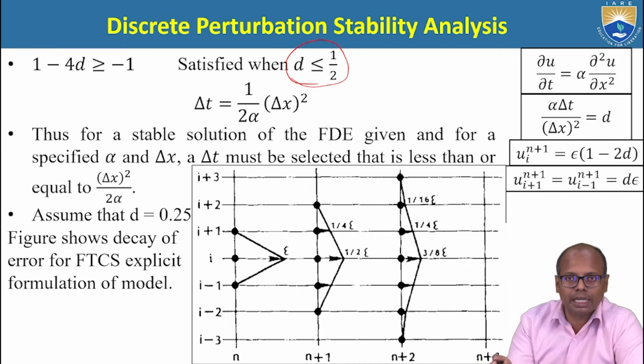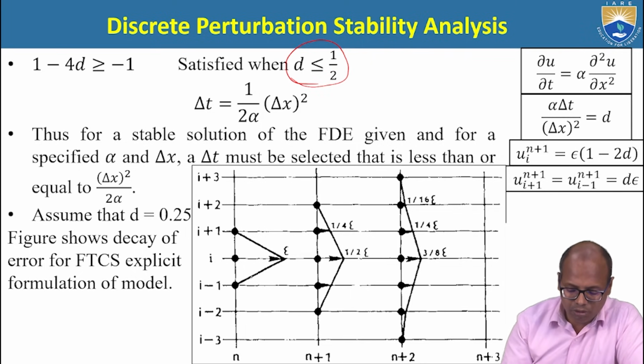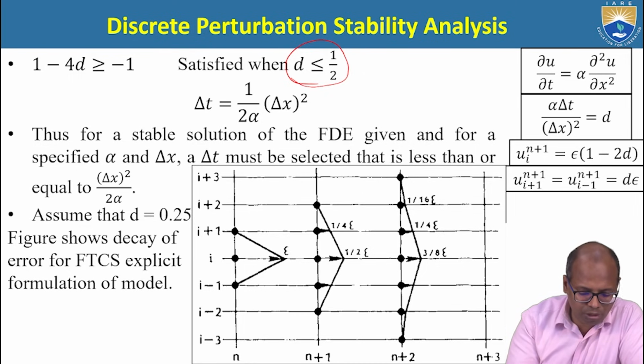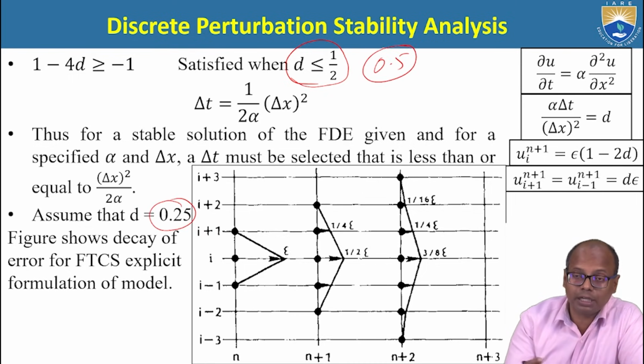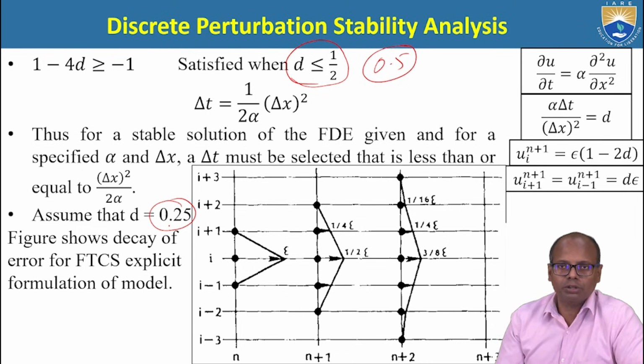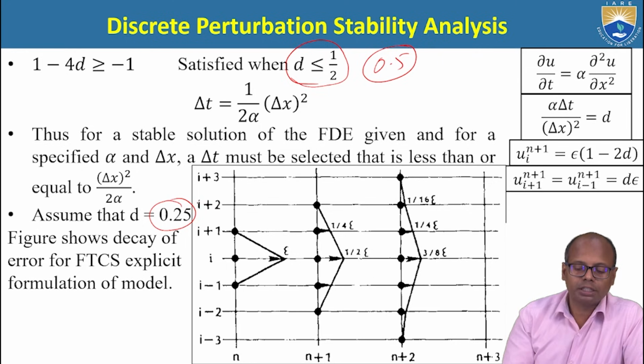So when will it decay? When d is less than or equal to half. So if I take a d value of 0.25, which is less than half, and calculate these values for d, what is d?